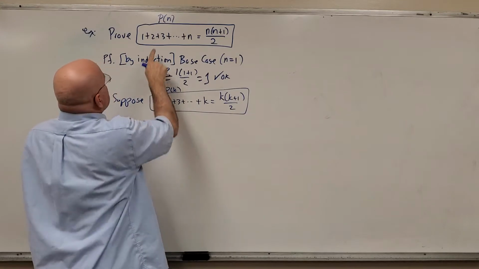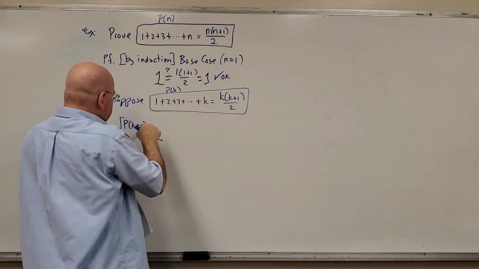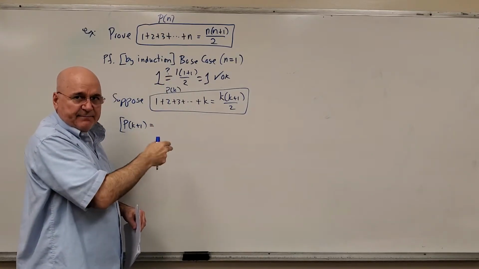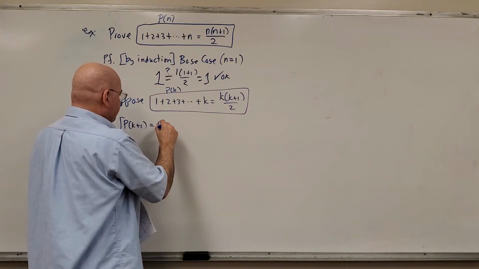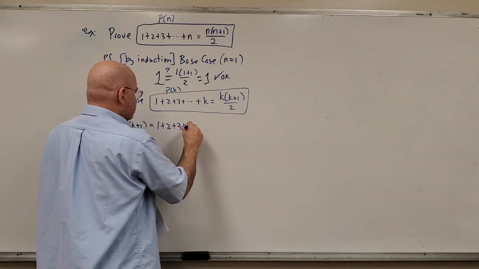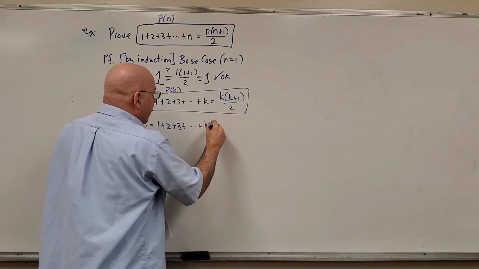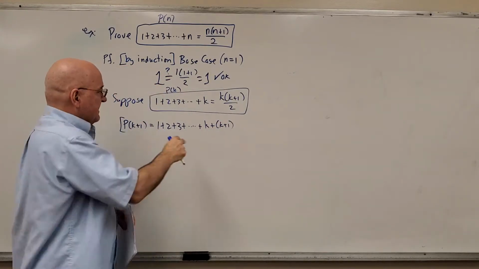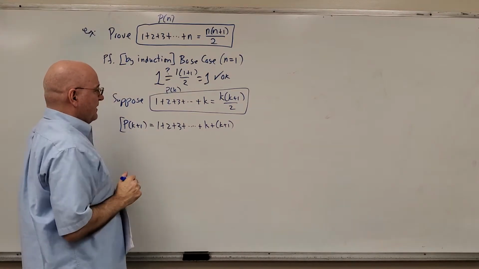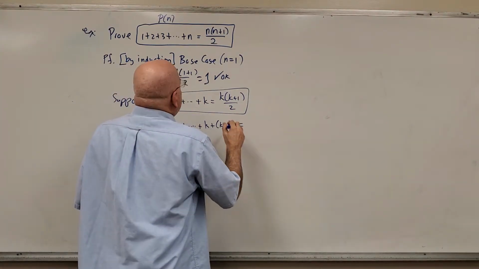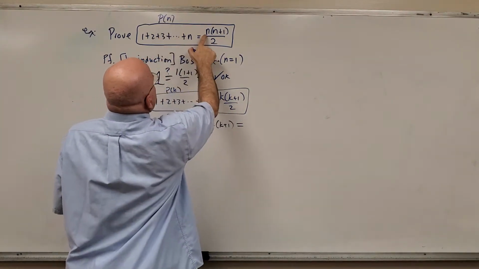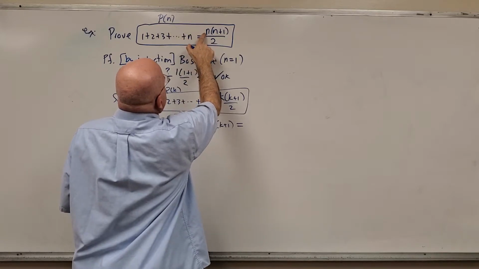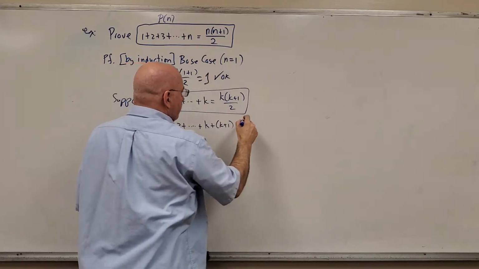Well, that means I have to go from 1 plus 2 plus 3 all the way up to k, and then I need to go one more, k plus 1. I'll put parentheses around it just to distinguish it. And then, instead of n here, that n is now k plus 1.